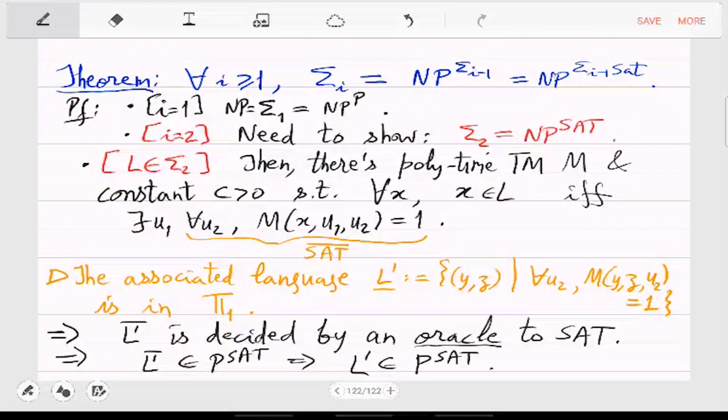Right. So the good thing about oracle is that you can do negation here. So you cannot do negation in an NDTM. We don't know how to do it in the same time. But using the oracle, you can do negation.